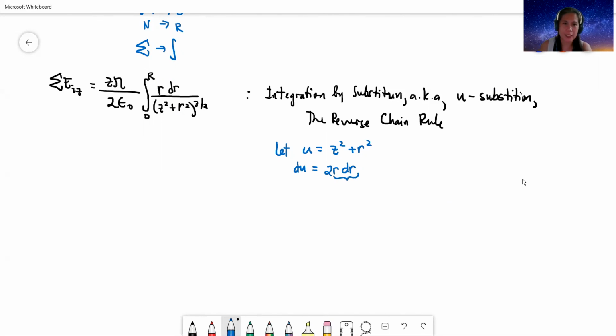Kasi sa baba, magiging U na ito. So if we will transpose 2 to the other side of the equation, it will just become 1/2 du. And this is now R dr.